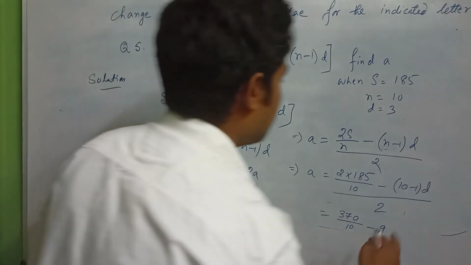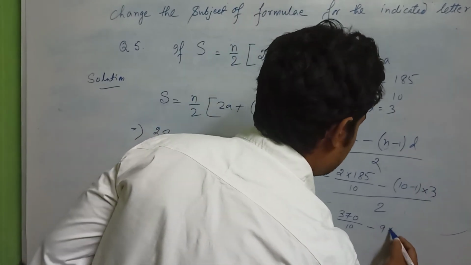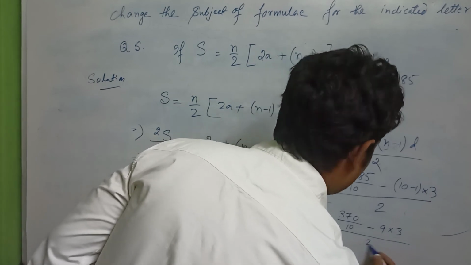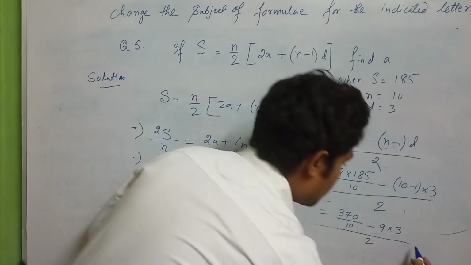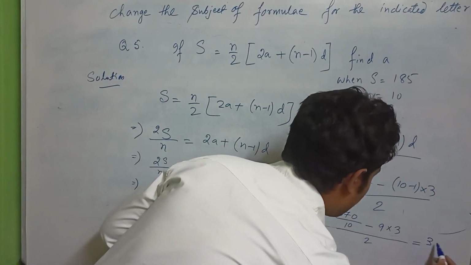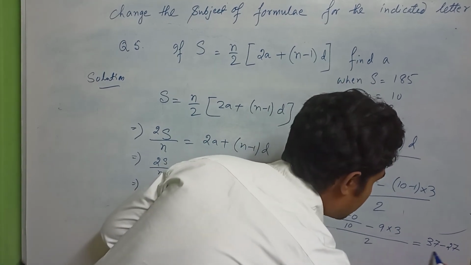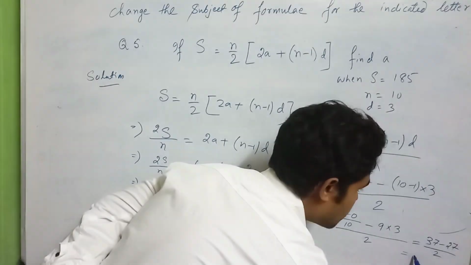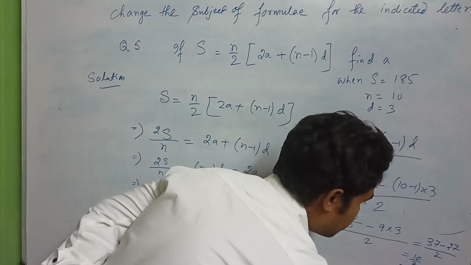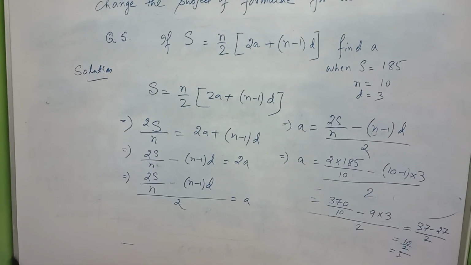Oh, another, we have to write the value of D also. D is 3. So here is 3 whole divided by 2. Equal to 37 minus 27 divided by 2. It comes 10 by 2, that means 5. This is the answer. Take a screenshot.